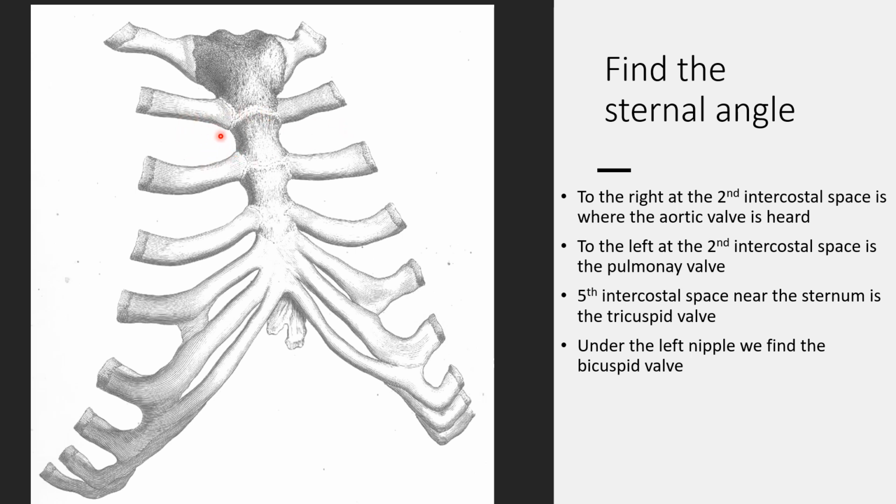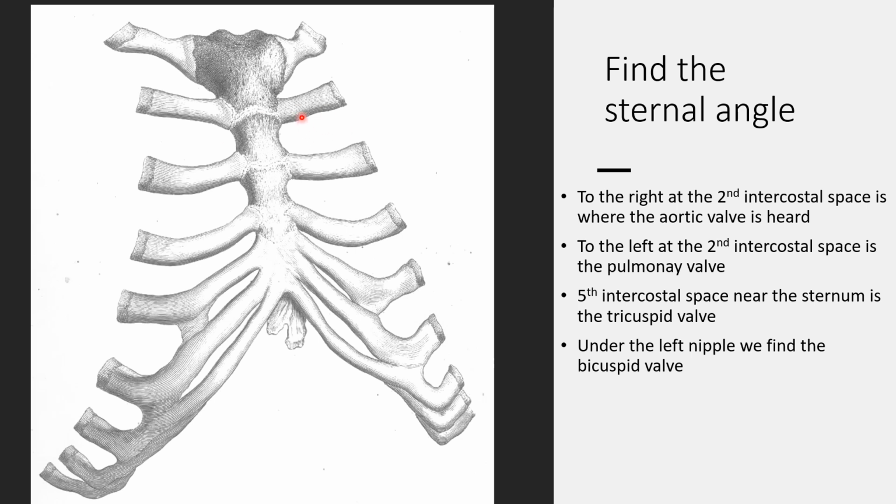If we are up here in the right intercostal space, we can hear the aortic valve. The aortic valve is a bit farther down, but this is where it's heard, the second intercostal space, right side. And you'll notice that the aortic valve is actually on the left side of the heart. The reason is the way the heart twists within your body.